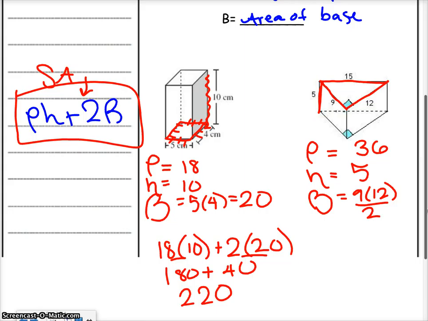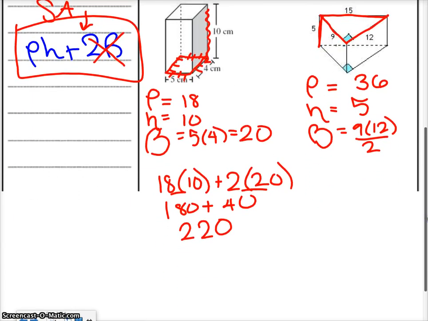Okay, which is? 54. No, I want to use my formula. I'm going to use my process that I used here. I'm saying no right now because if you did the other method, then you can't use this. Okay, so I'm going back to the formula that I was given. So 9 times 12 divided by 2 is 54.